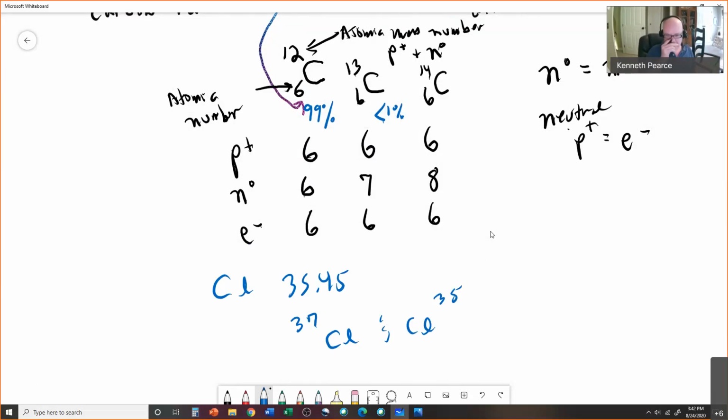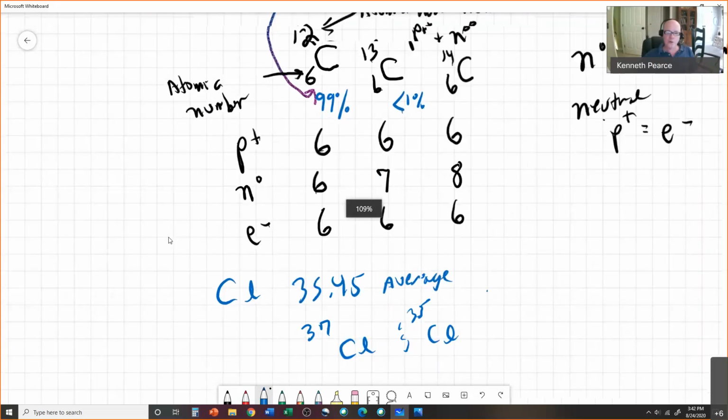I don't remember the exact number, but it's something like about 2/3 is chlorine 35, and about 1/3 is chlorine 37, and this represents the average. This is what we would have on the periodic table, 35.45. So you have an isotopic average.